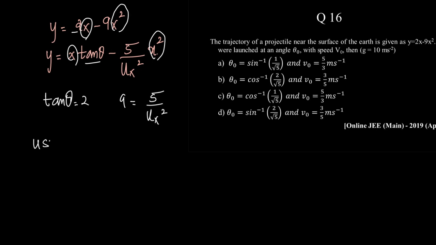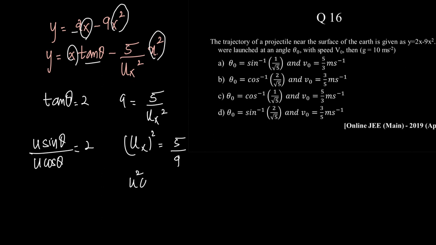I'll write tan θ as u sin θ by u cos θ = 2. And here I'll write ux² = 5/9. So this is u² cos² θ = 5/9.